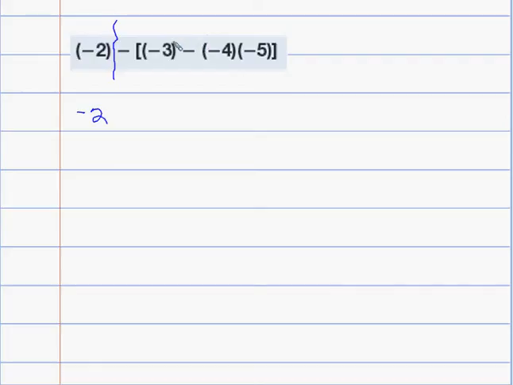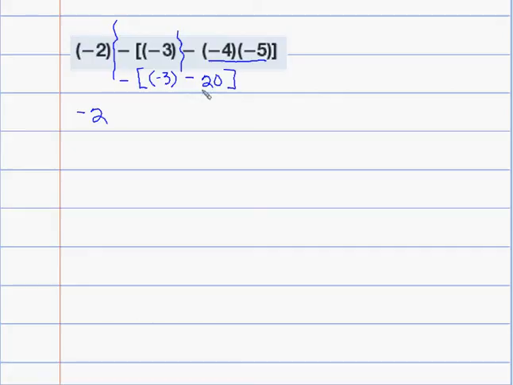So if I start inside the brackets, then I have this negative 3 and I have this minus whatever negative 4 times negative 5 is. So I'm going to write down minus the bracket, the negative 3 term, the minus sign, and then whatever this is, negative 4 times negative 5 would be positive 20.